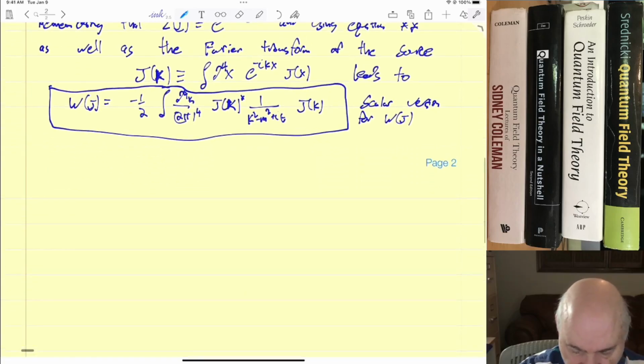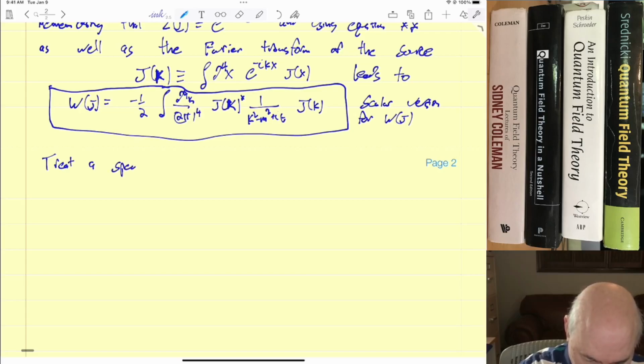Now, you might say, well, how does this relate to particles attracting each other? So what we do is we treat a specific source. There's no difference between sources and sinks in the scalar thing, or a little difference.